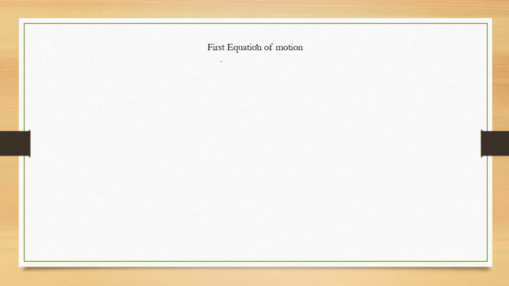We first move with the first equation of motion, which is v is equal to u plus at.